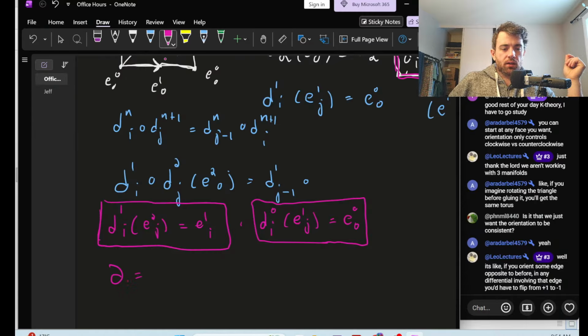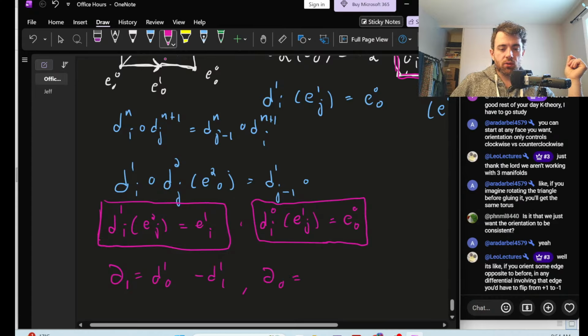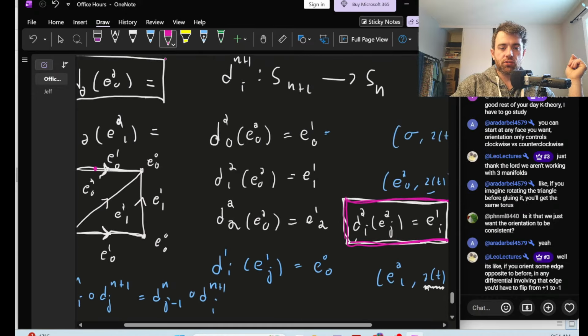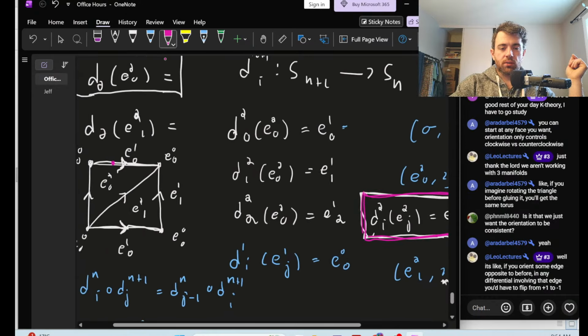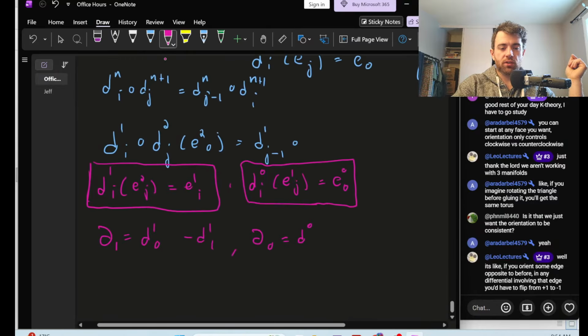So, die1 is going to be D1,0 minus D1,1. And die 0 will be D0,0. Wait, I have 3 maps. Right, there's 3 maps and then 2 maps. Oh God.